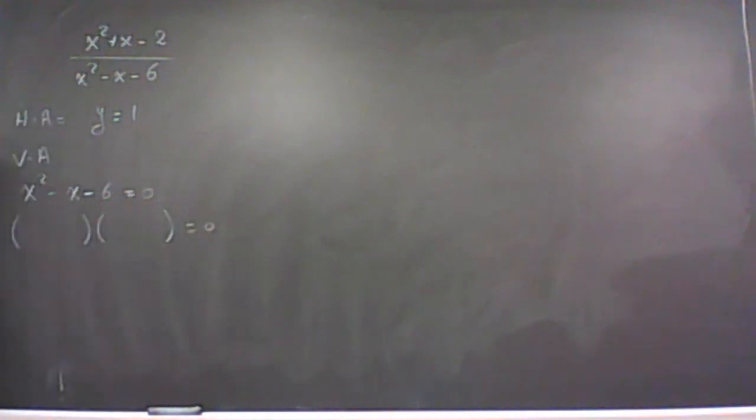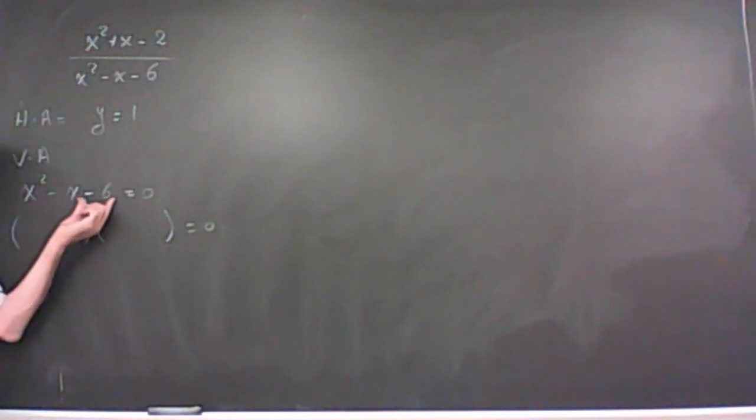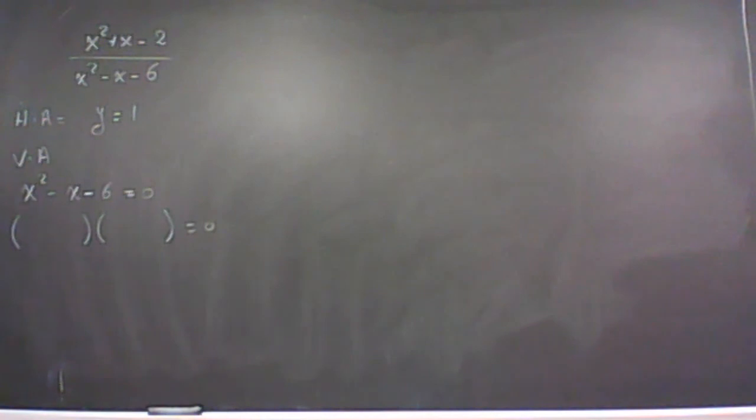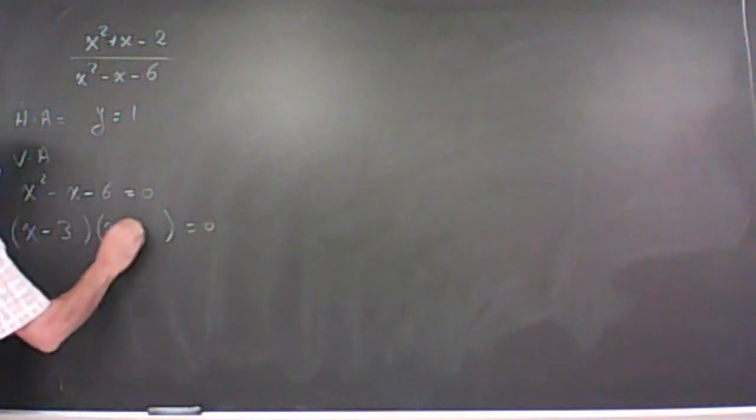We need to look for two numbers that multiply to negative 6 and add to negative 1. What are those two numbers? 3 and 2. One is positive, one is negative. Which one is the positive? Negative 3 and positive 2.